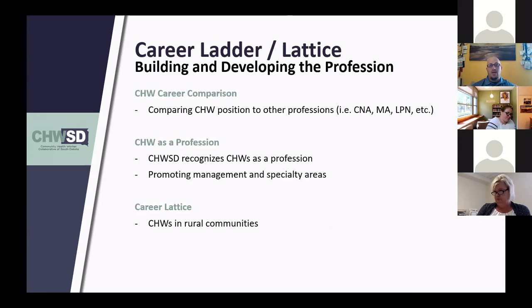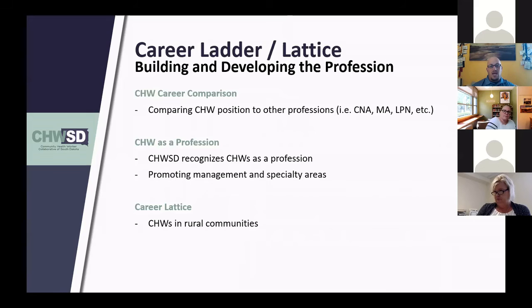And then we also want to promote that the community health worker work is a profession. And so we really want to let individuals know that if you are a community health worker, it's certainly not frowned upon if you are a community health worker for 20, 30, 40, 50 plus years.